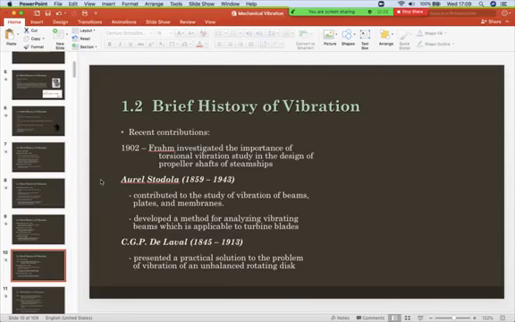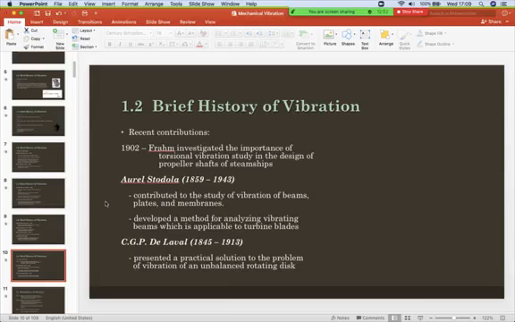Because this is very important. Just like in World War One and Two, they used a lot of ships, and these are run by steam, coupled with propeller shafts. In order to be more proficient and efficient, we have to study vibration, leading to the torsional aspect of the machine elements.